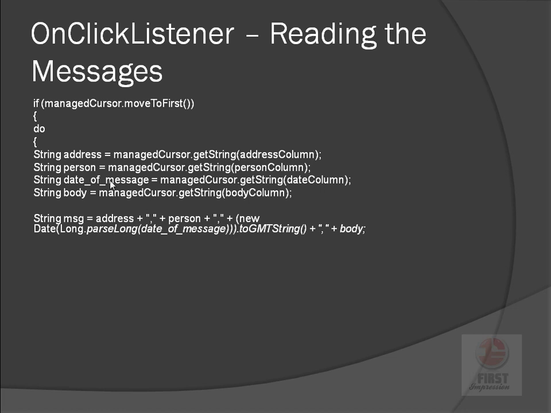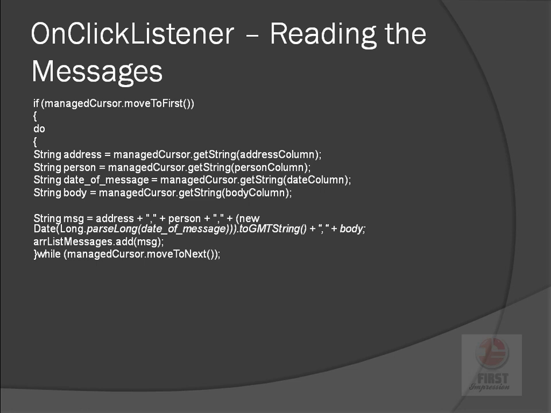Long.parseLong will convert the string into a long, and we'll get that date and convert it to a string. toGMTString will convert that complete date into a string, and we'll append that with the body. So we'll get the output like the phone number, the person's name, the date of the message, and the body of the message. Once that is done, we'll add that to the array list, and we'll go to the next record.